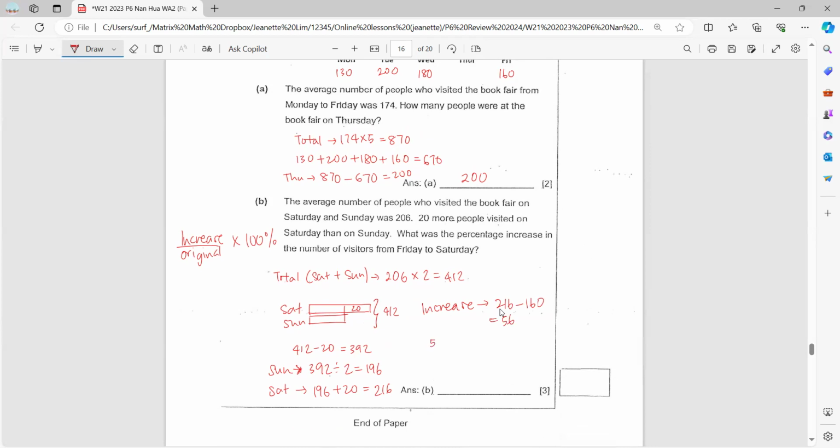So the increase over original, what is the original? We're comparing against Friday, right? That's the original number. So 56 over 160 times 100%. Key into your calculator, you should get 35%. Okay, so answer is 35%.